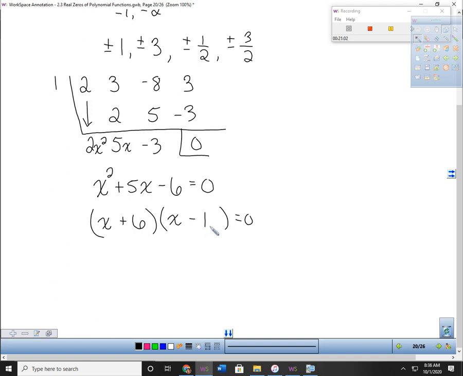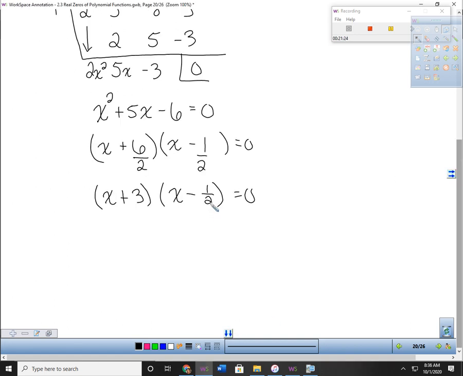And I want that to be positive in the middle, so I'm going to put the bigger number with the positive. But then I can't forget, once I get it factored, that I have to divide by that 2 to undo the illegal move. So divide both of these by 2. So that's going to give me x plus 3 and x minus 1/2. Now, normally, if I was just factoring, I'd pull that 2 up in front, but I'm going to set it equal to 0 anyways, so there's no reason to do that.